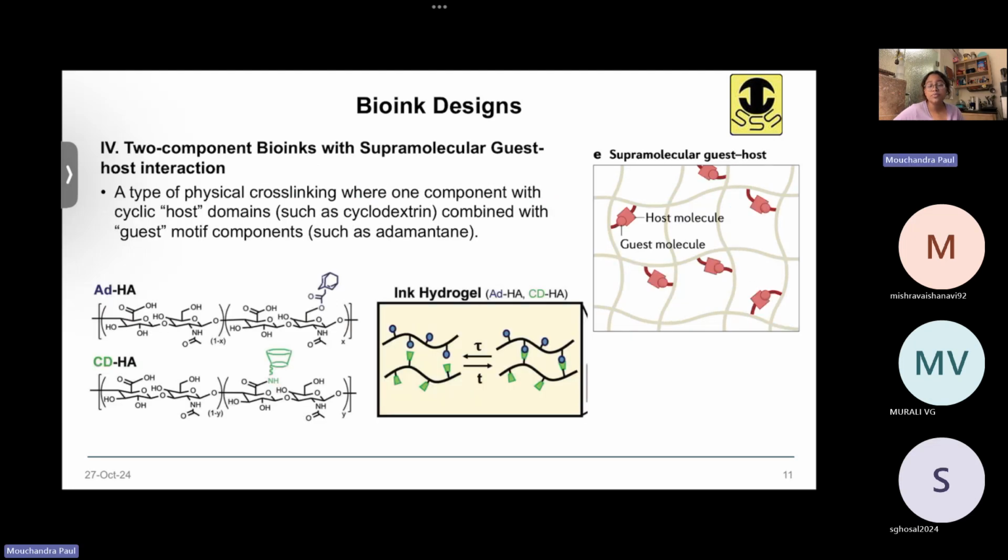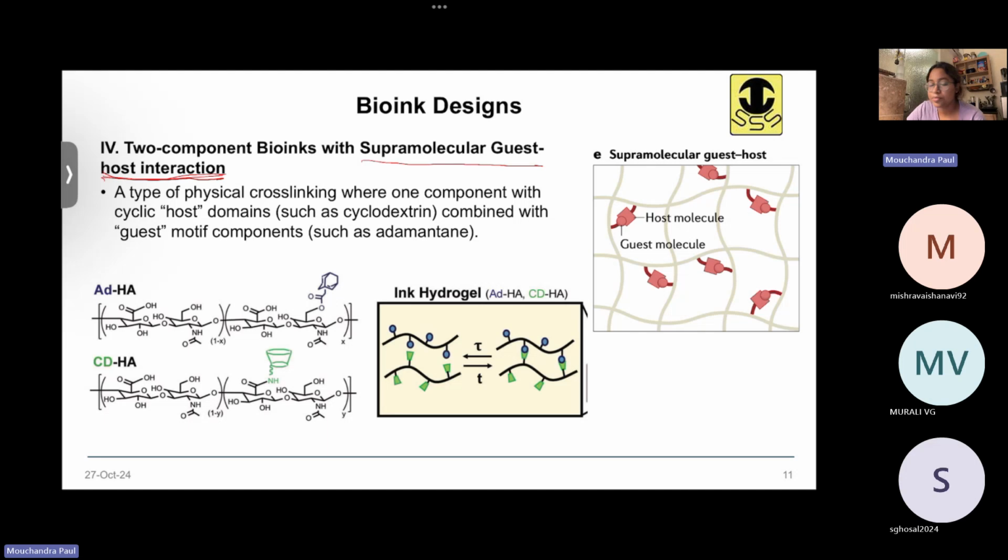Then this is the fourth type of bioink design that is very well reported in the literature. Here we use a physical cross-linking method to stabilize the final bioprinted structure. This type of physical cross-linking is called supramolecular guest-host interaction. It is physical in nature, which means you can distort this interaction afterwards.